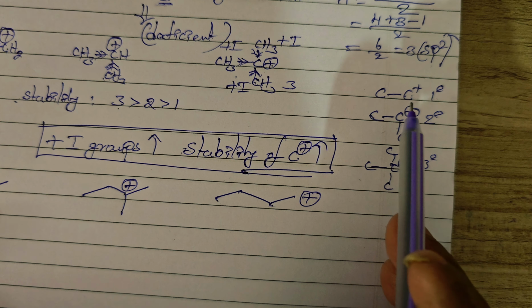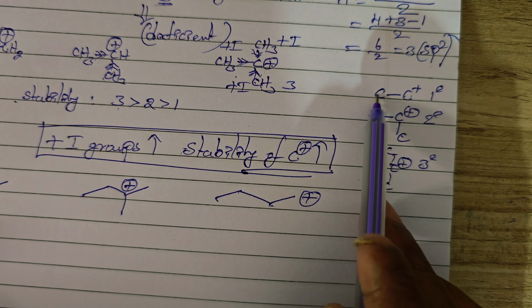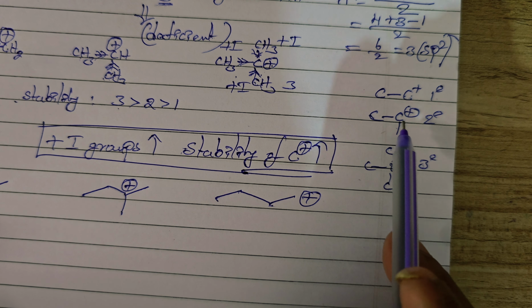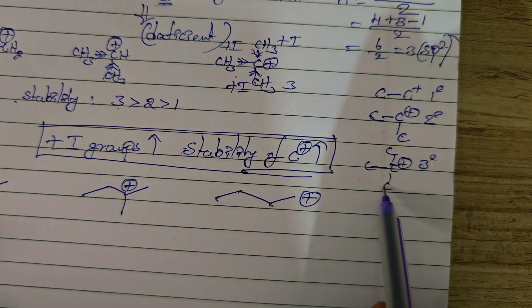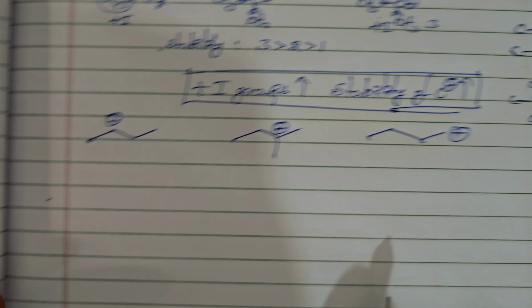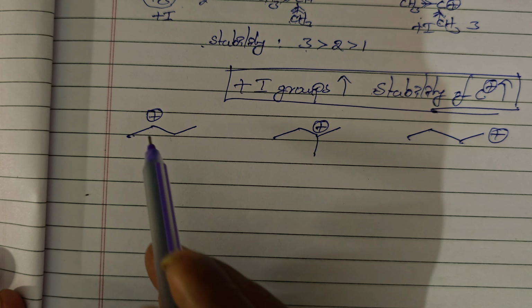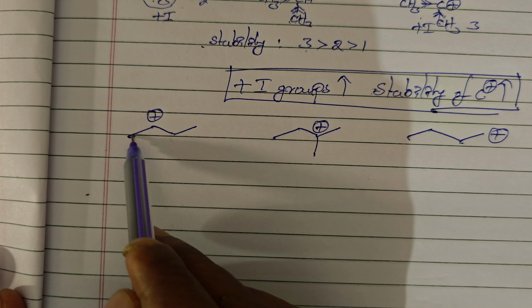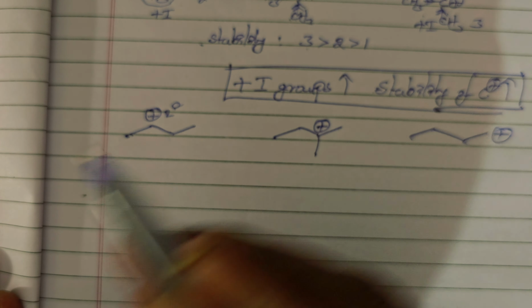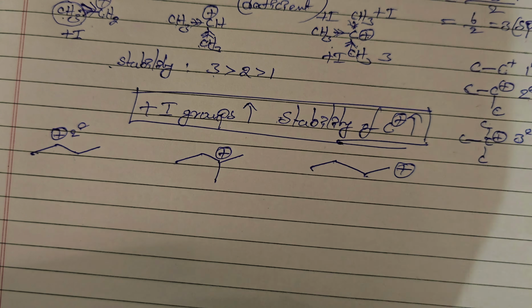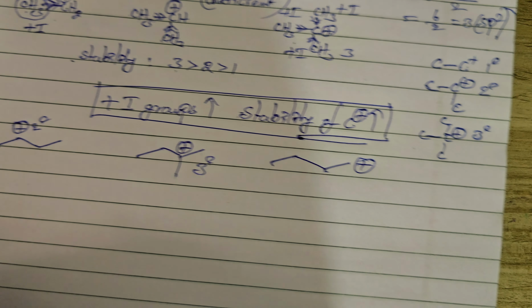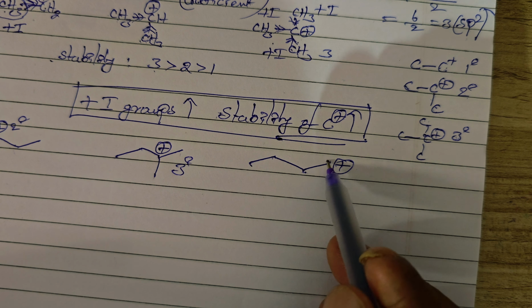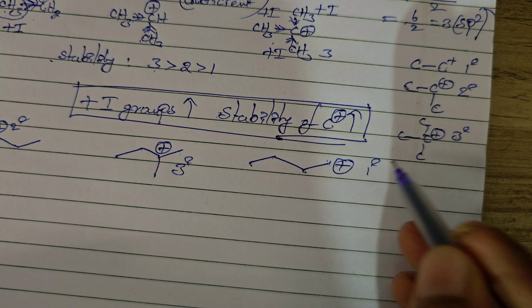As I said, one carbon connected to another carbon is primary, connected to two carbons is secondary, connected to three carbons is tertiary. In the first example, this carbocation is connected to two carbons, so it is a secondary carbocation. This carbon is connected to three carbons, so it is tertiary. This carbon is connected to one carbon directly, so it is primary.